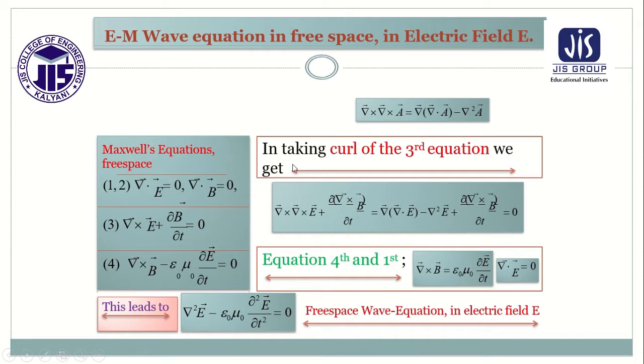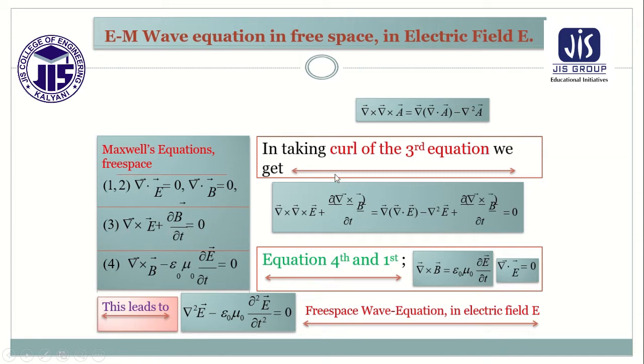Now we first have to get the free space wave equation in electric field E. How to get this wave equation? First we have to consider the third equation, nabla cross E plus del B by del t equal to 0.